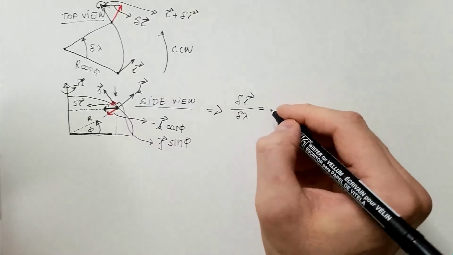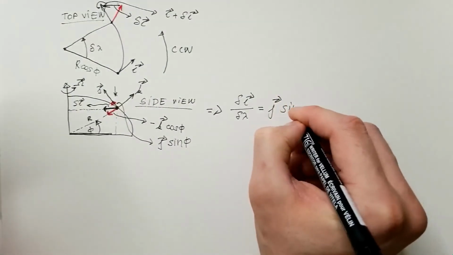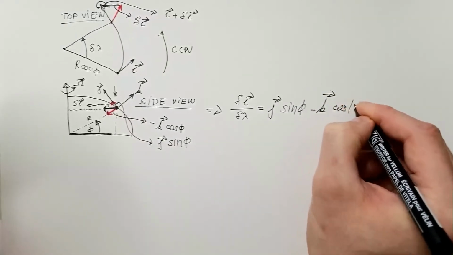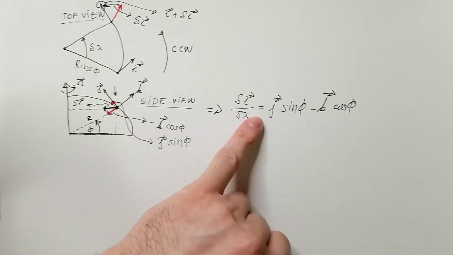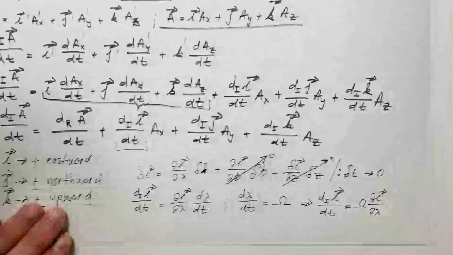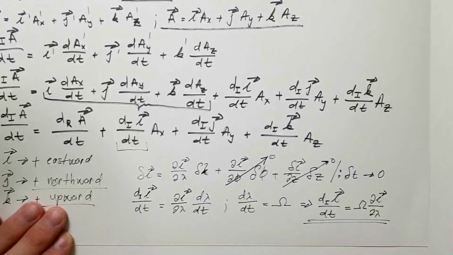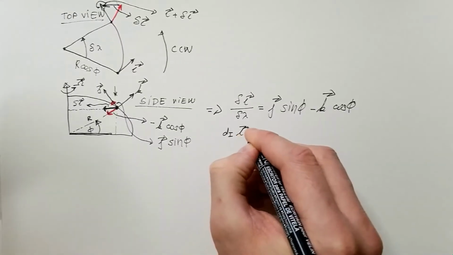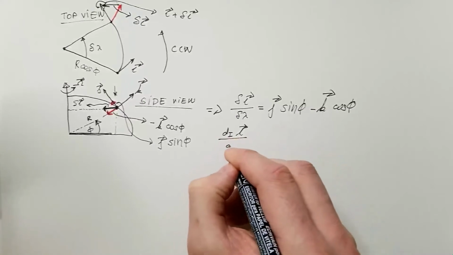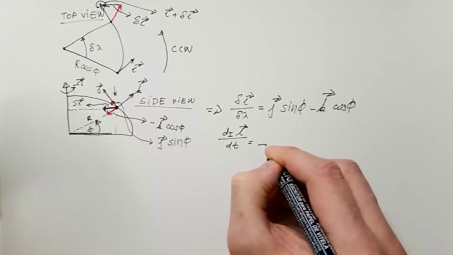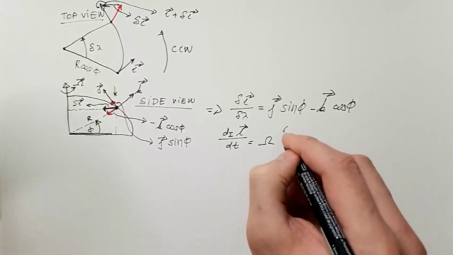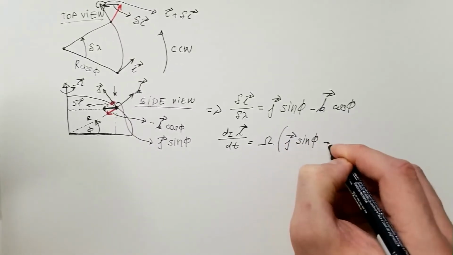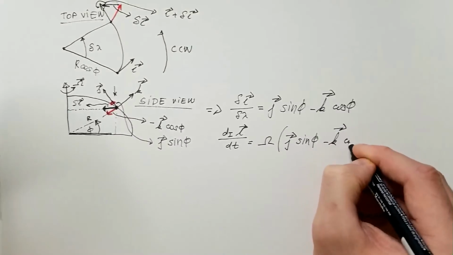So this is equal j sine phi minus k cosine phi. Now we can combine this result with our previous page to write acceleration of unit vector I in inertial frame of reference is equal omega, that comes from the previous page, j sine phi minus k cosine phi.